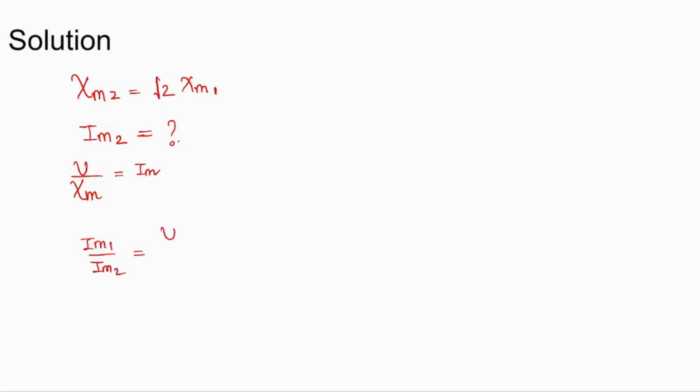Coming to the solution, since xm2 equal to root 2 times xm1, so I magnetizing 2 equal to how much? Now V by xm equal to Im. So Im1 equal to V by xm1 and Im1 by Im2 equal to V1 by xm1 into xm2 by V2.